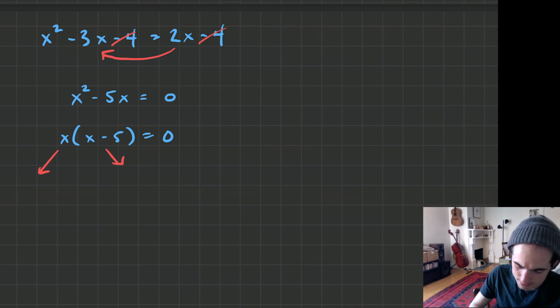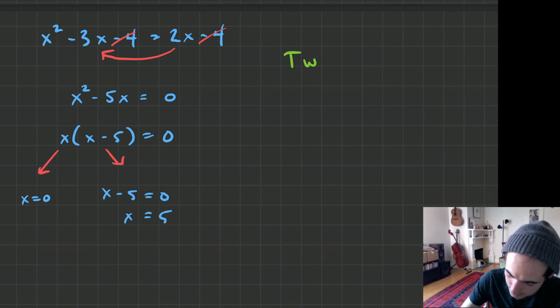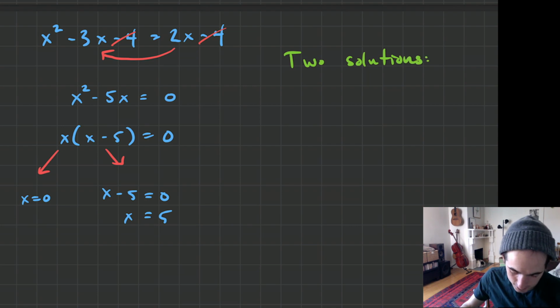The only way that this thing is equal to 0 is if x is equal to 0, or if x minus 5 is equal to 0, or in other words, if x equals 5. So we have two solutions. The first solution is x equals 0, and the other one is x equals 5.